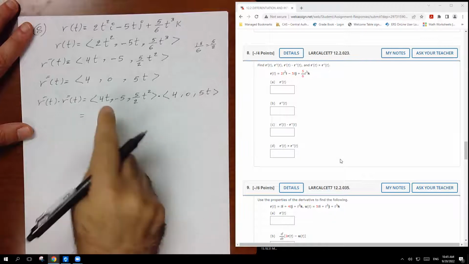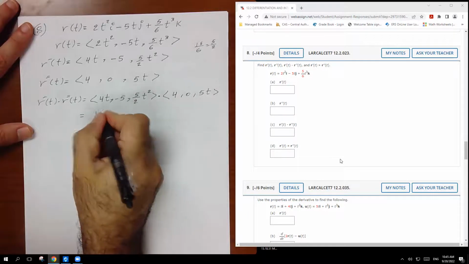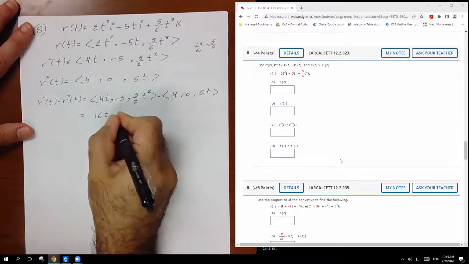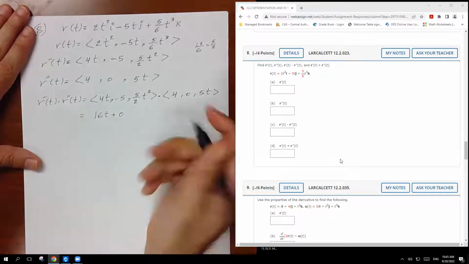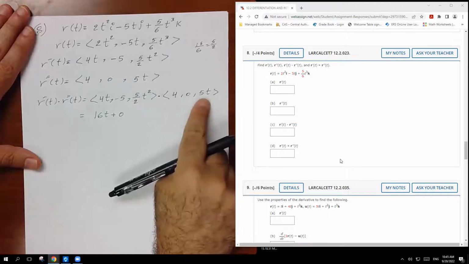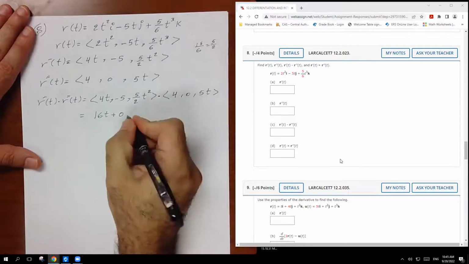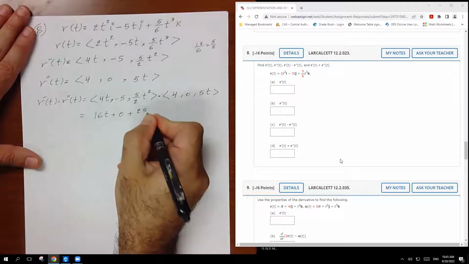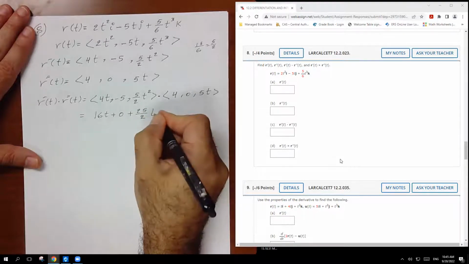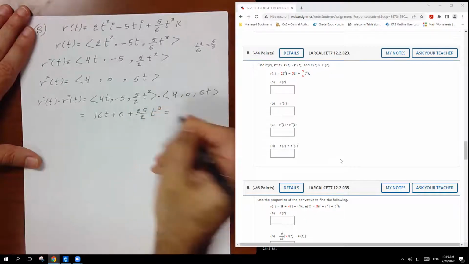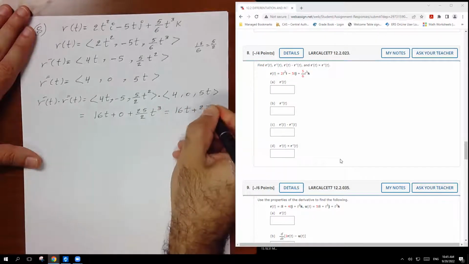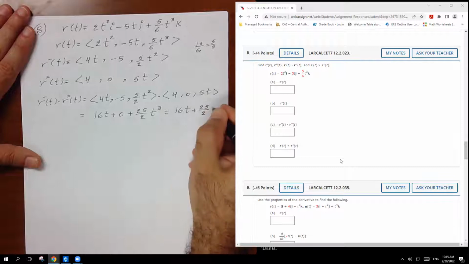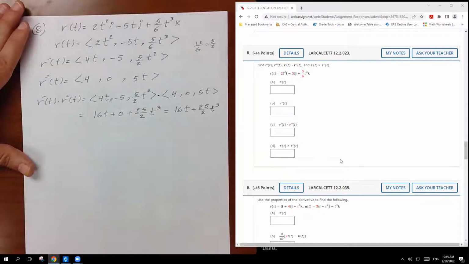That means it's going to be 16t plus negative 5 times 0, so plus 0. 5 over 2 times 5 is going to be 25 over 2, so plus 25 over 2 t cubed. So the result is going to be 16t plus 25 over 2 t cubed. That's it for this one.